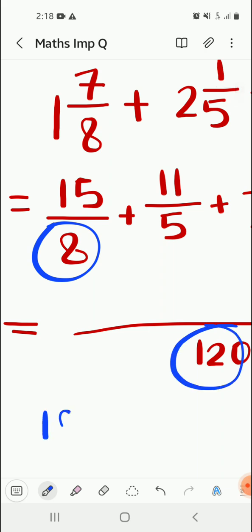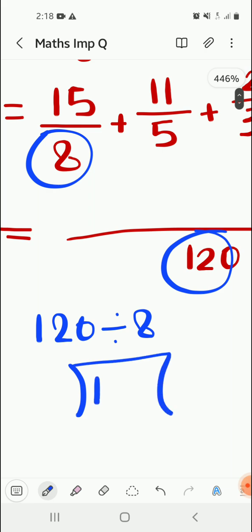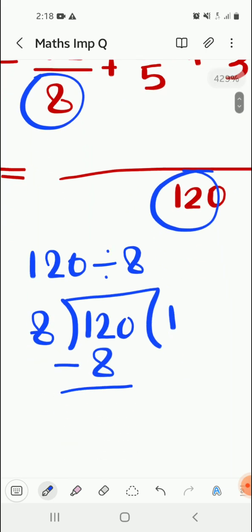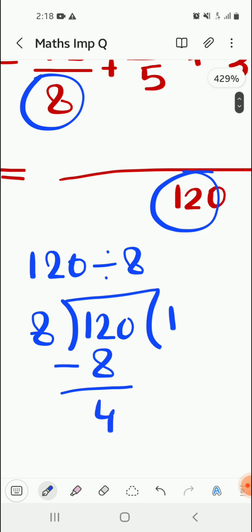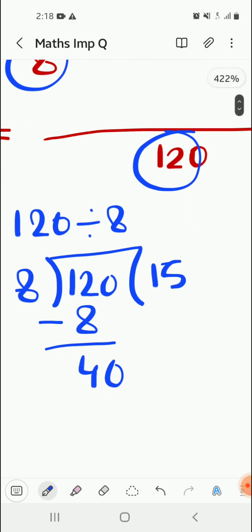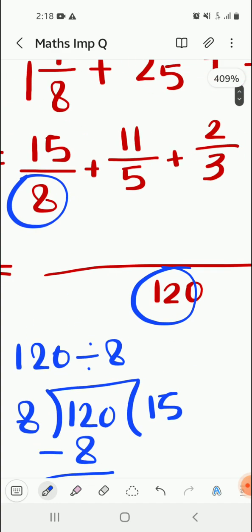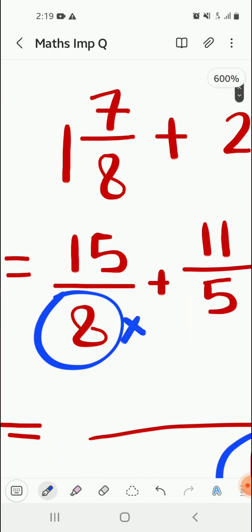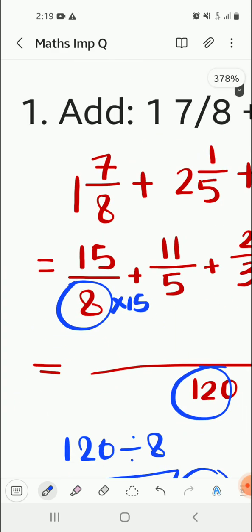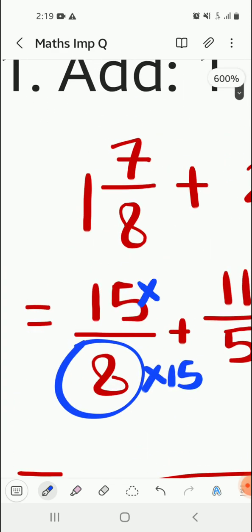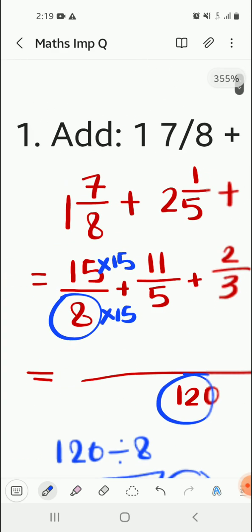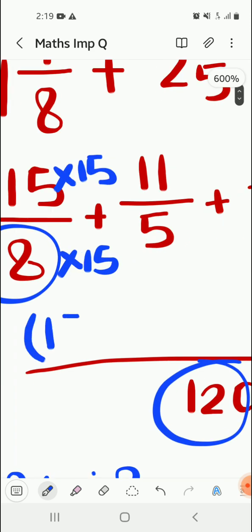So 120 divided by 8, check. 120 divided by 8 is 15, because 8 into 15 is 120. So multiply the same in the numerator as well. That is 15 into 15. So let's write it over here.